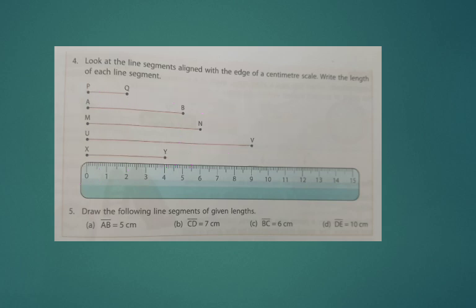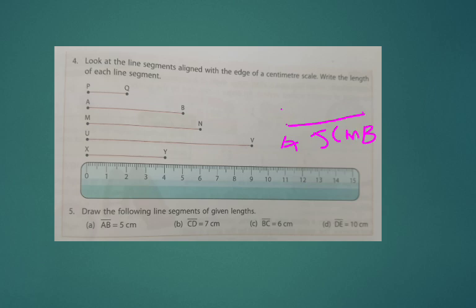Next, you are going to draw the following line segments of given length. How to draw AB equal to 5 centimeter? First you put a point here and put your scale there. So here you name the point A. Then you drag this line up to 5 centimeter on the scale, and mark that 5 centimeter point as B. This is 5 centimeter.